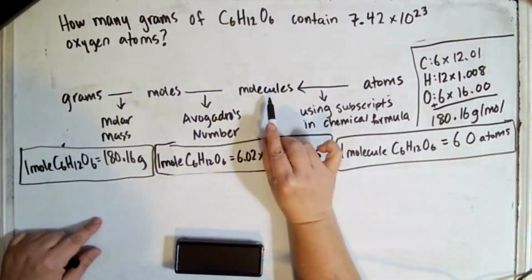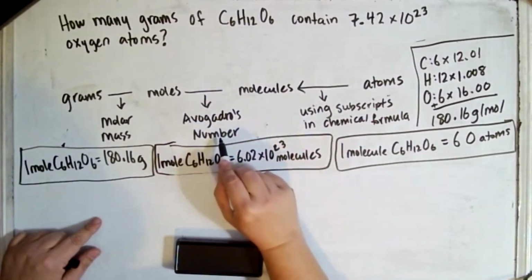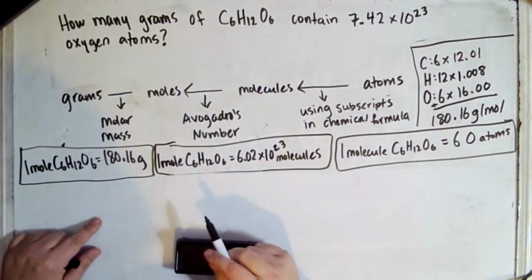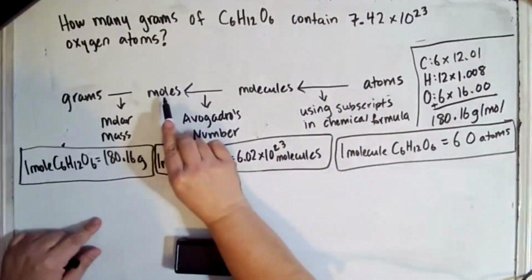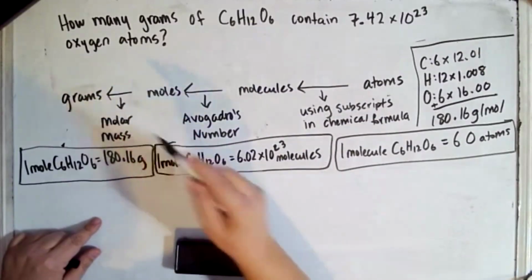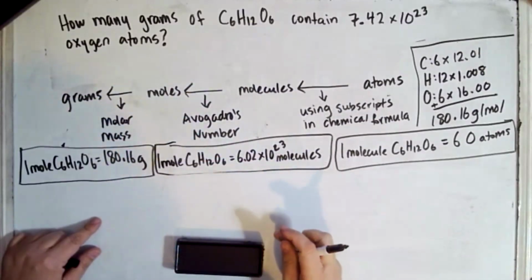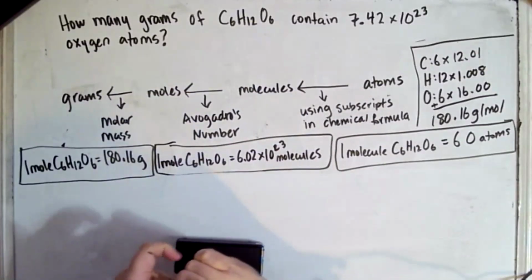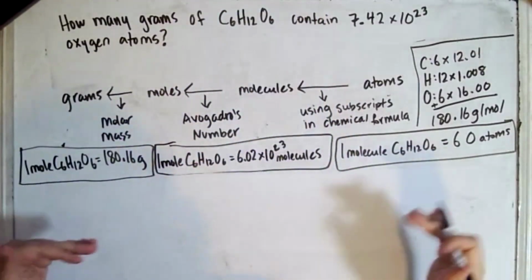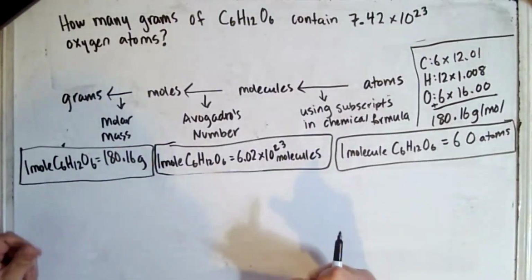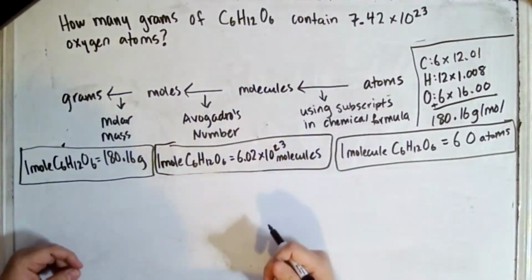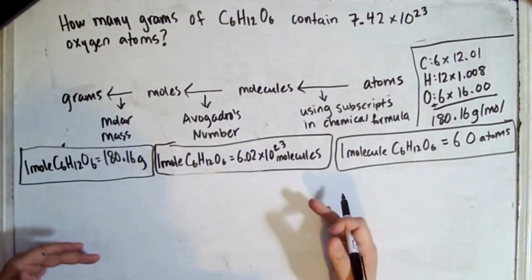Once we know how many molecules we have, we can use Avogadro's number to figure out how many moles that represents. And once we know how many moles we have, we can use our molar mass to figure out how many grams that is equal to. Okay. But you're going to see that we'll be able to use these same equalities. We're just going to be positioning them differently based on the information that we're given to start with.